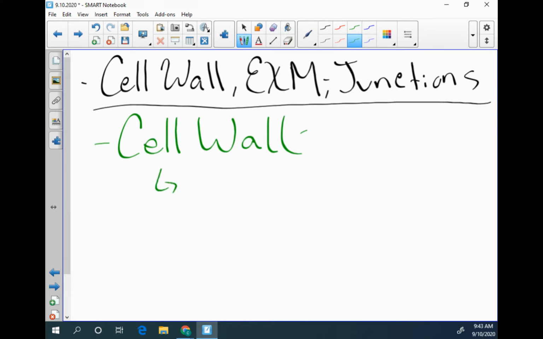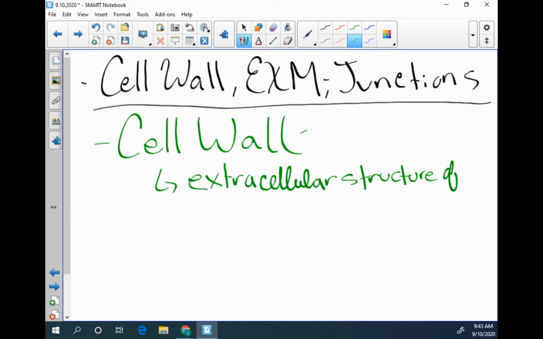Definitionally, it is an extracellular structure of plant cells.